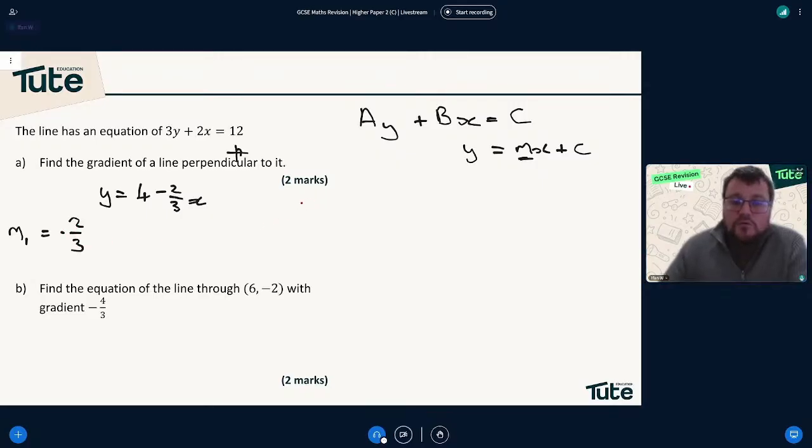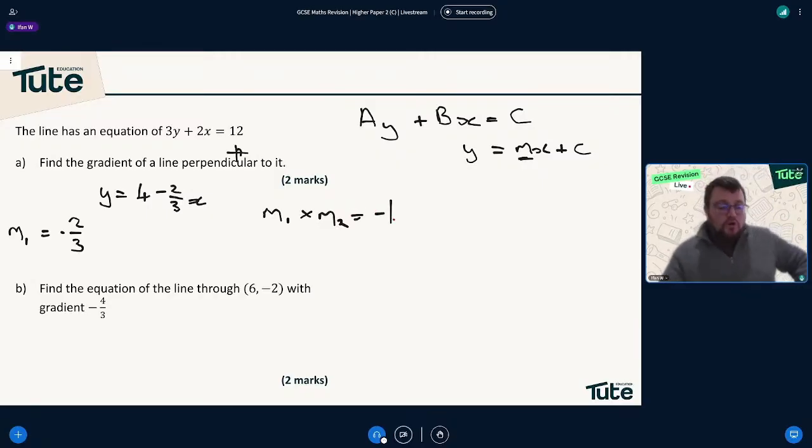What you should remember about perpendicular gradients is that if you multiply one gradient by the other, the product of the two gradients has to be negative 1 if they are perpendicular to each other. So negative 2 over 3 multiplied by m2 is equal to negative 1.